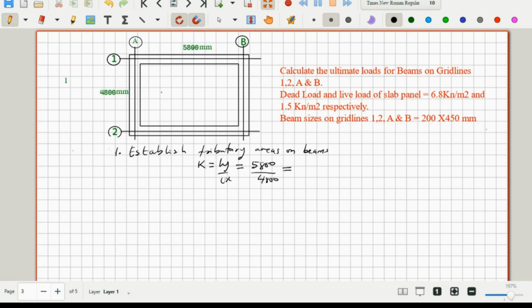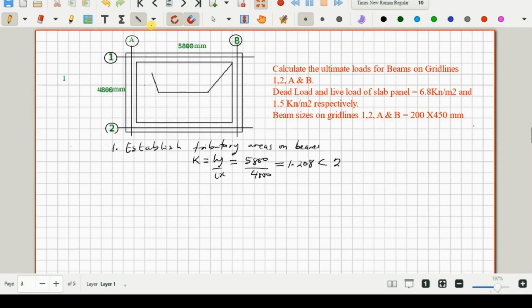So if we work that out, we'll have a ratio of 1.208. And if this value is less than 2, then this implies that we'll have a trapezoidal load distribution on the long spans and a triangular load distribution on the short spans. So we'll have this load distribution.